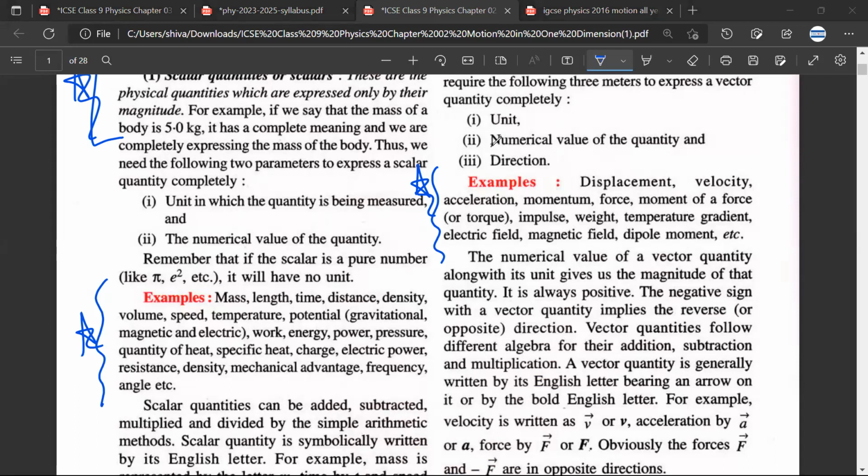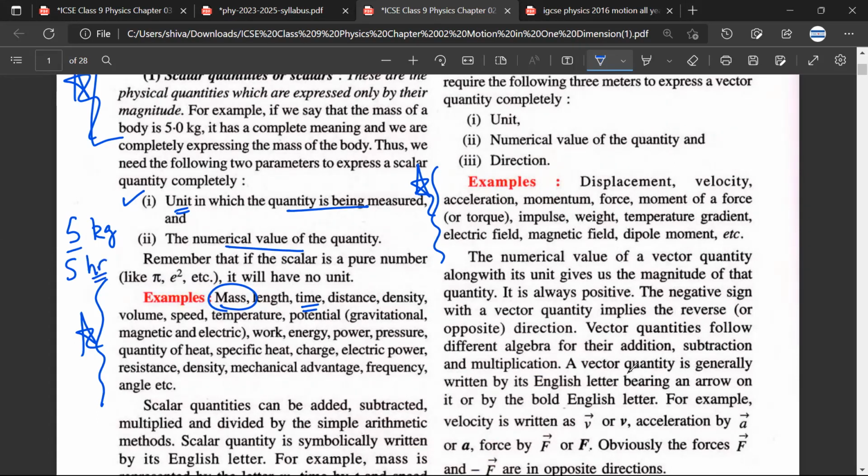This is a question which is often asked, and point-wise they have given a very beautiful answer: for a scalar quantity, you just require the numerical value of the quantity being measured and the unit. For example, if mass is there, then 5 is the numerical quantity and kg is its unit. If I'm discussing time, then 5 is the numerical quantity and hour is the unit.